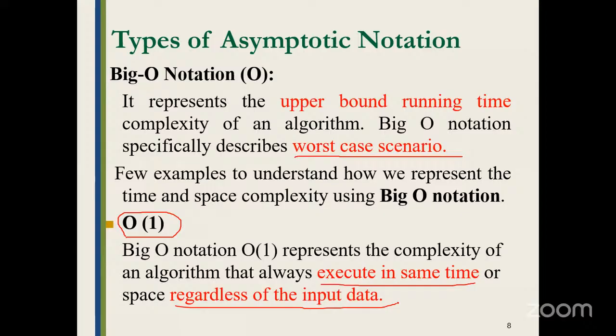The algorithm takes the same time even though you change the input. In such cases, the time or space complexity of that statement is represented with order of 1, constant time, because even if you change the input, the time taken by the statement will not change.